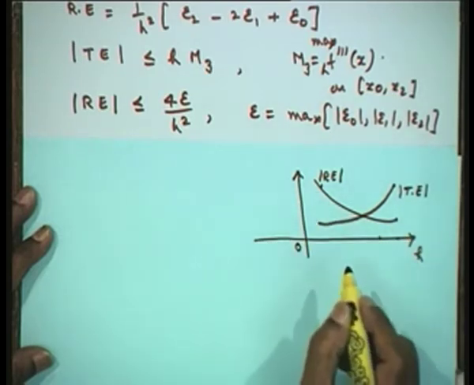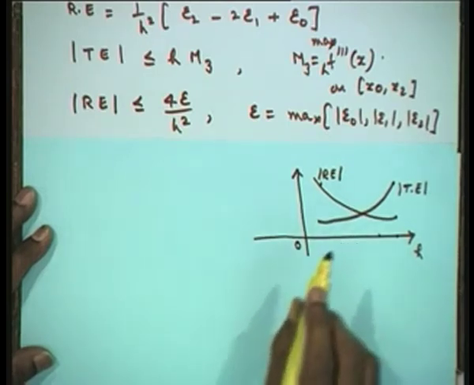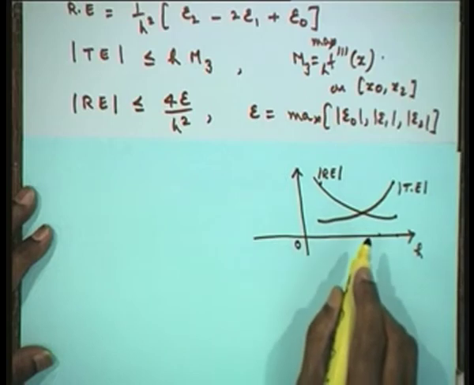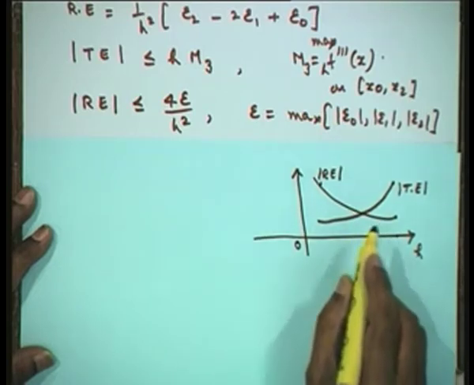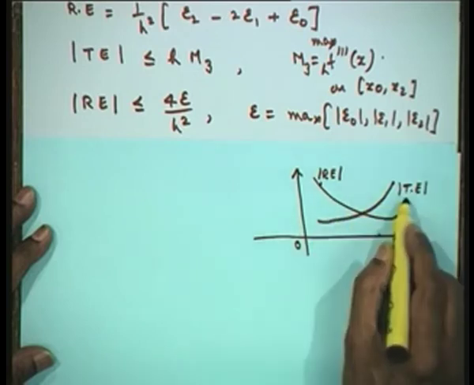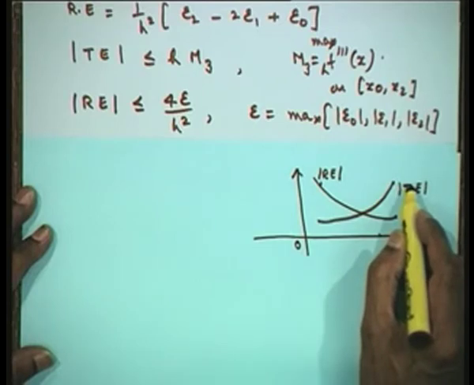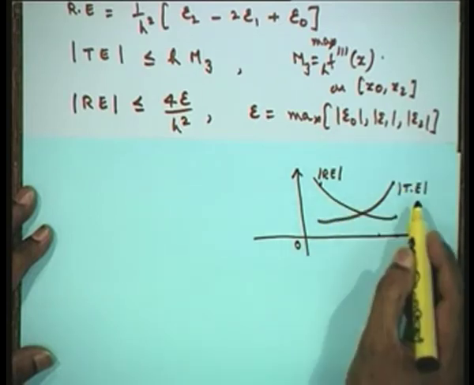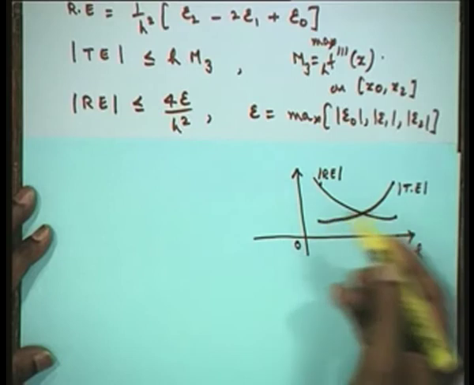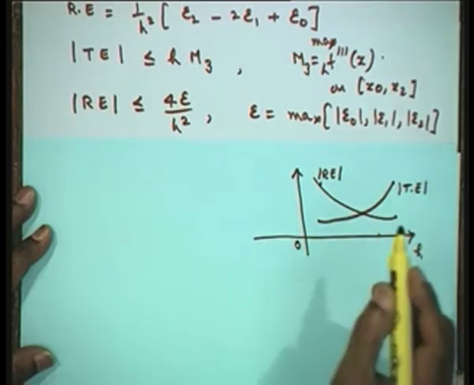Therefore, this tells us that there can be a value of h, say an optimal value, such that for h smaller than that value the round off error dominates the truncation error, and hence after a few more values of h, it is going to get completely unbounded.